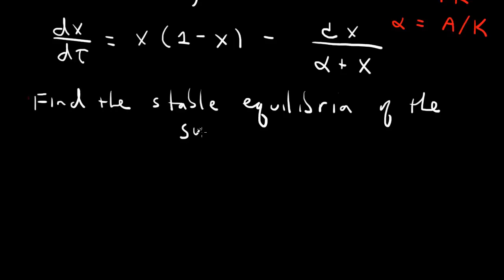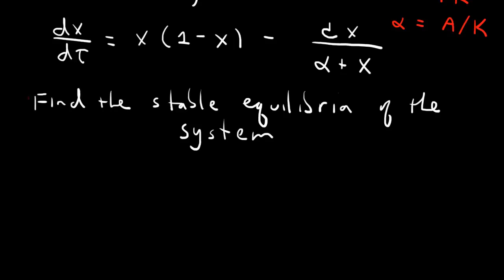And that will be the values of x where dx/dτ is equal to 0, and where those x star are stable to small perturbations. And that will basically tell us what is the fish population at equilibrium.